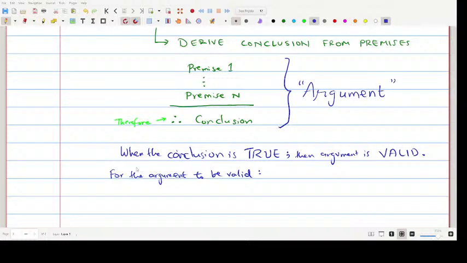Now, if the conclusion is true, then the argument is valid. What does it mean? It means that for the argument to be valid, all premises need to be true.